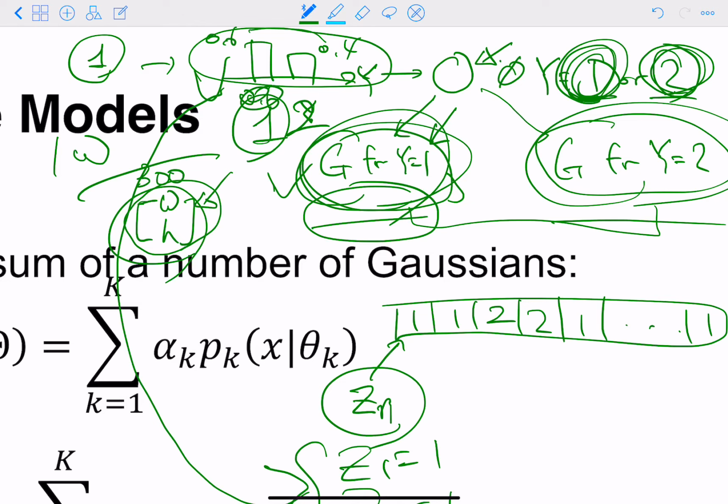Okay, so if we have 3 clusters, then that will be a multinoulli, and the number of required parameters will be 2, right? So we have a parameter over here, and then for each Gaussian we have a mean vector, each of which is a two-dimensional vector.